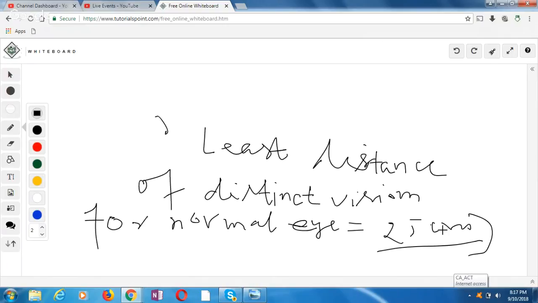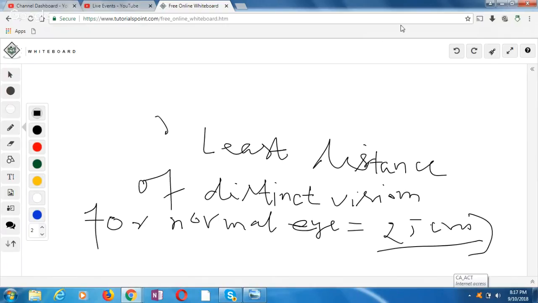So if you come to know that a person is suffering from hypermetropia, you should understand that least distance of distinct vision, which is 25 centimeter for a normal eye, would increase and go beyond 25 centimeter. That is the meaning of hypermetropia.